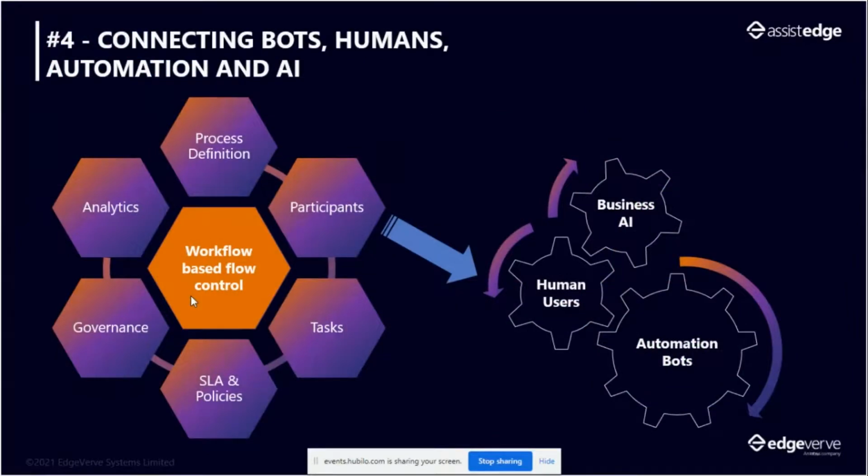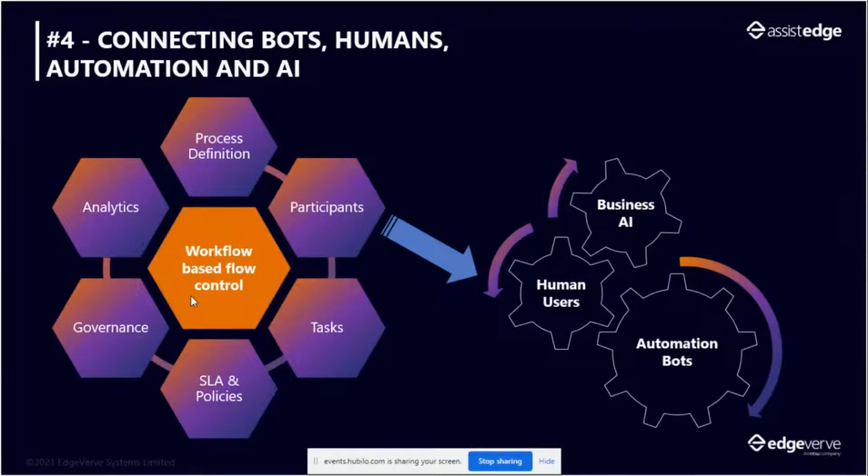So in addition to these existing capabilities on task automation and orchestrations, the 19.0 platform now also exposes a powerful workflow-based process flow control mechanism. What this will allow is to digitally manage an entire business process with any combination of human users, automation bots, AI, and traditional integration constructs like APIs.